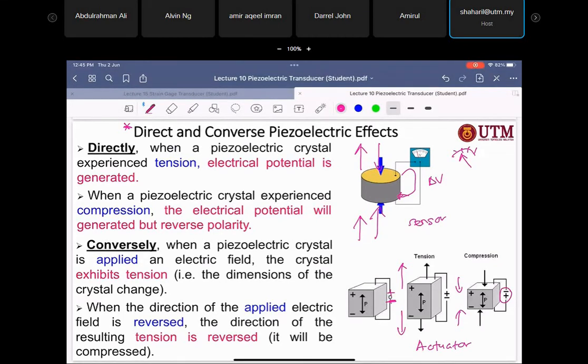Come on, guys, please type in the chat. The simple application is happening now, except the force sensor and so on. Guys, are you still there? So the simple application is the microphone and speaker, isn't it? Is it correct?